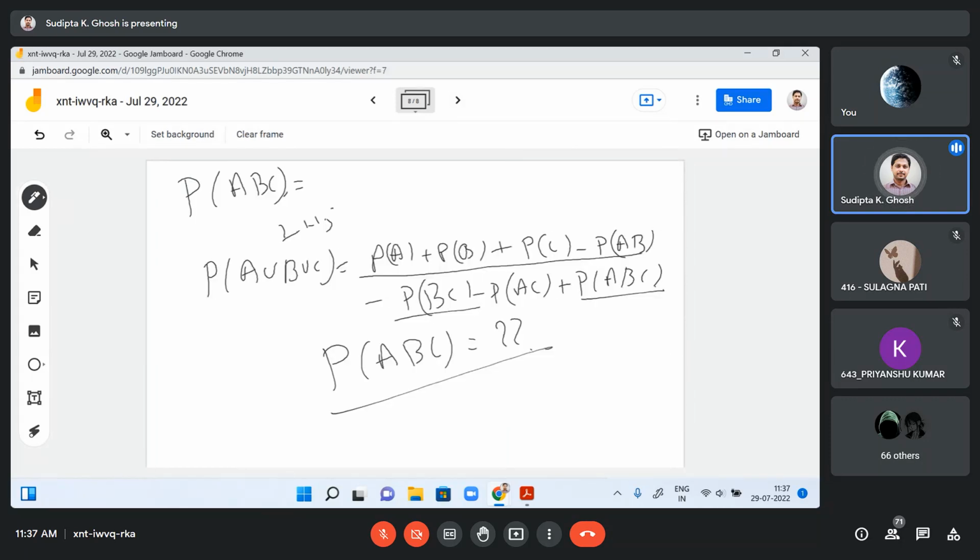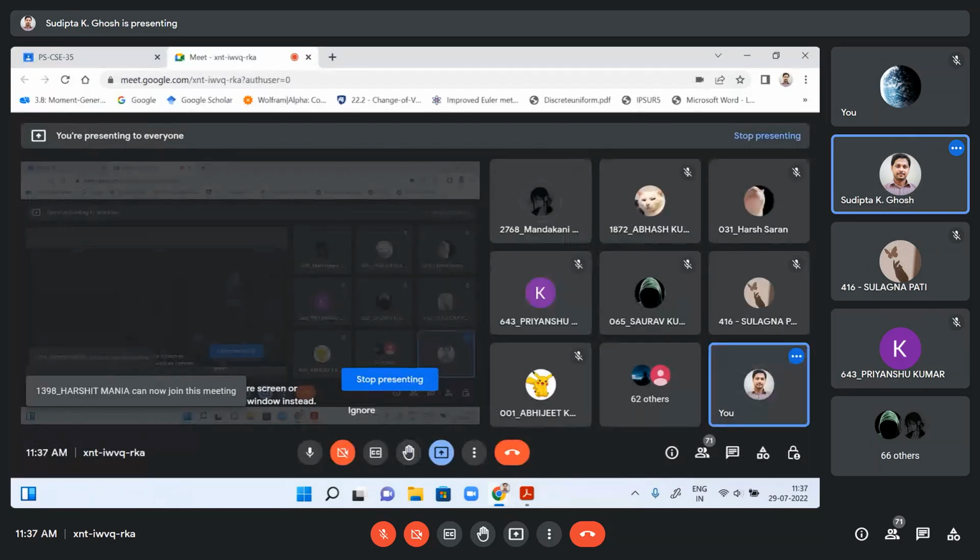With probability of AB, BC, AC, and ABC, you just subtract and add, and you get the probability of A intersection B intersection C. Is it fine for everyone right now? Any doubt?